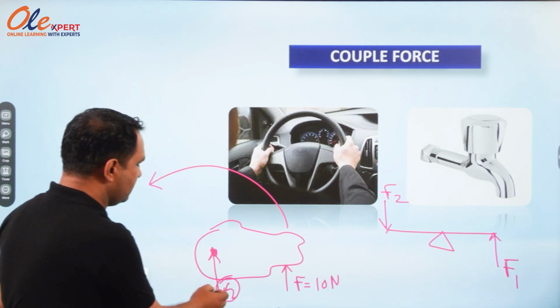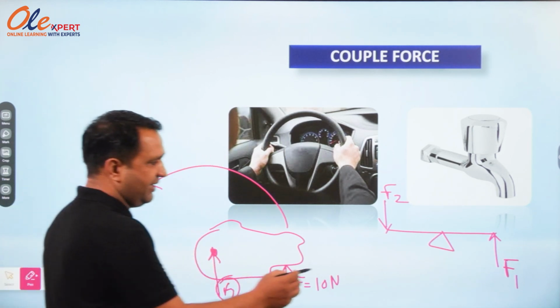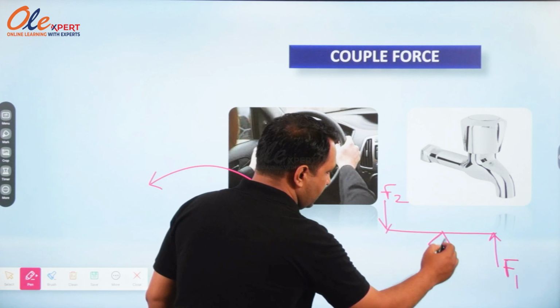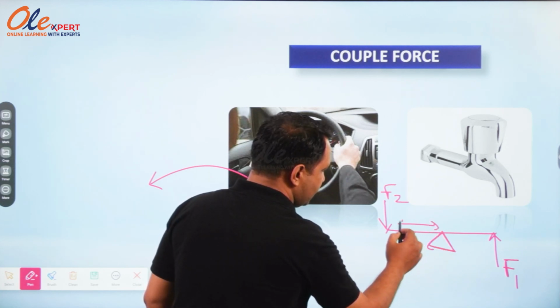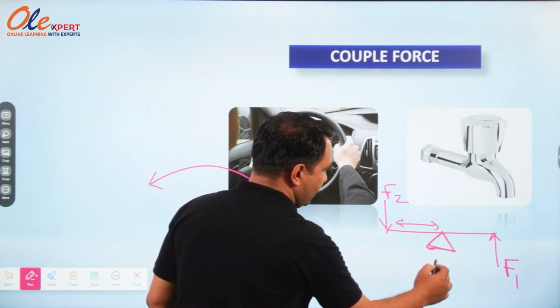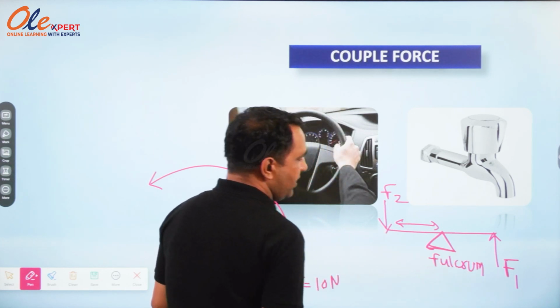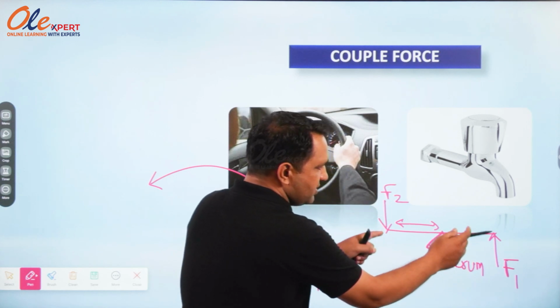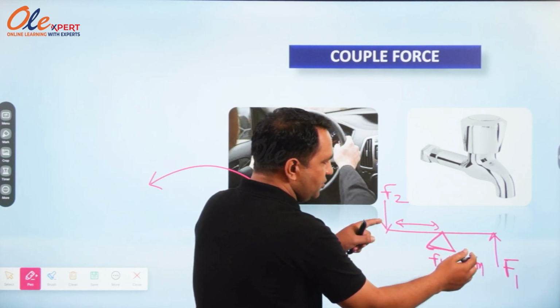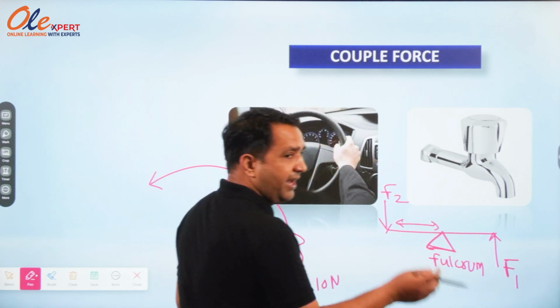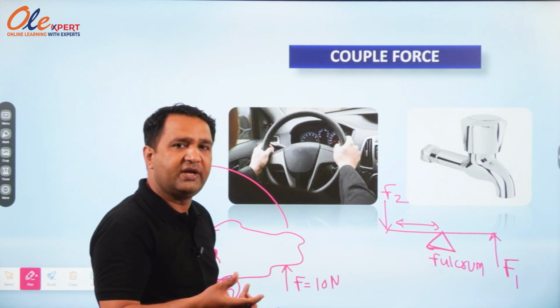Earlier it was passing through the pivoted point, but right now it is not. It is at some distance from this fixed point or fulcrum. We call it fulcrum, okay? So now two opposite forces which are equal in magnitude are applied. Hence, rotation can be done very easily.